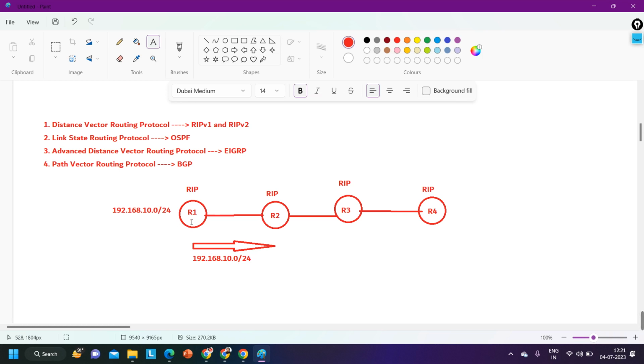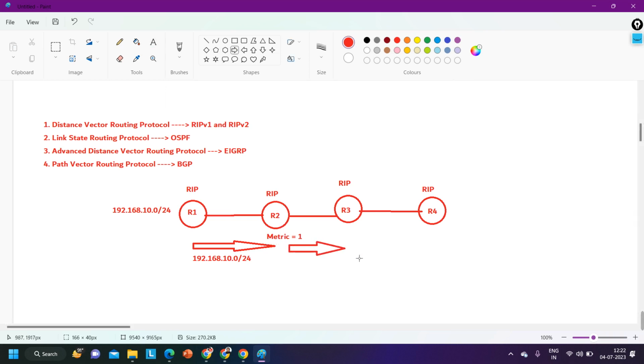One hop away, there is only one hop, that is router 1, between router 2 and the destination network. Yes or no? Yes. So the metric on router number 2 will be 1.